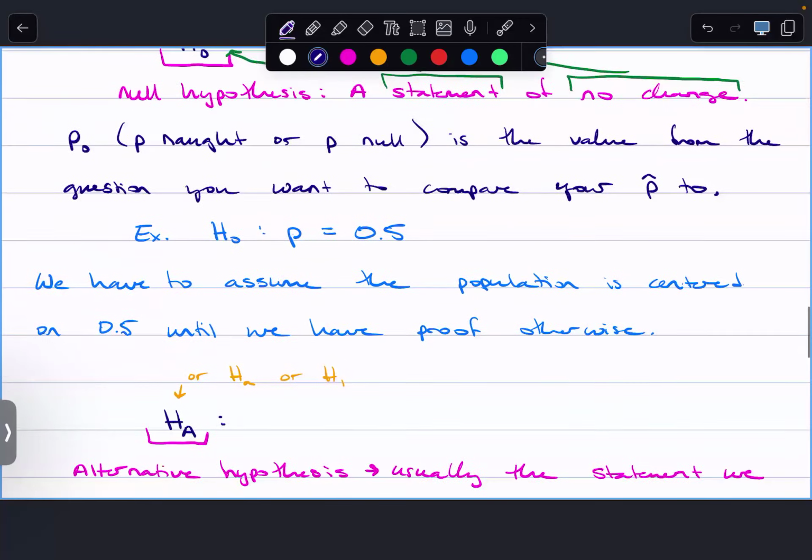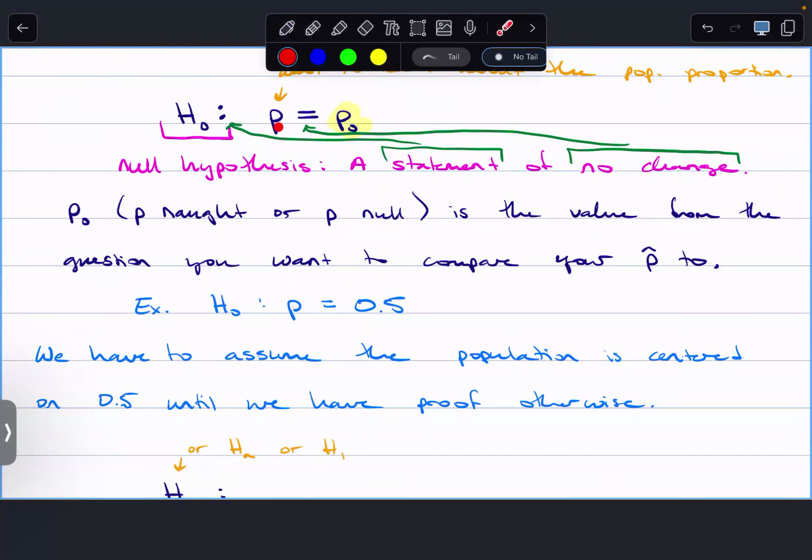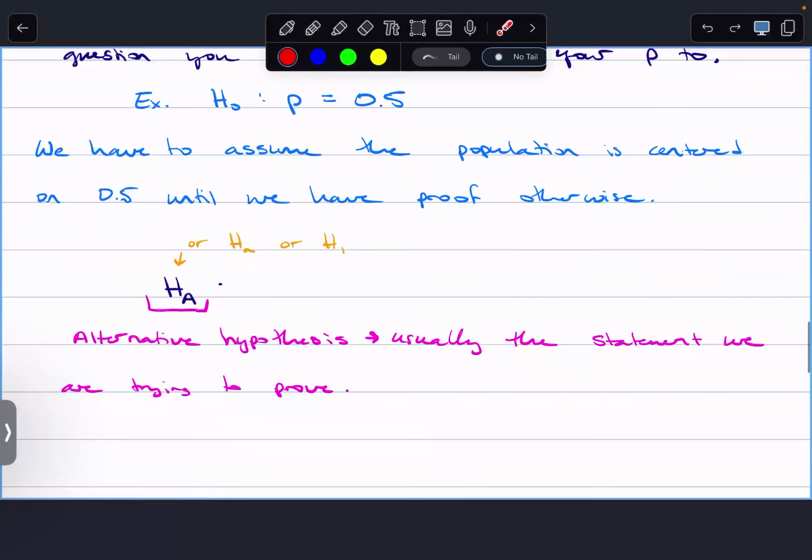Now, one key thing to remember is that it doesn't make sense to talk about anything but the population proportion still, right? And also how it relates to this hypothesized proportion. So these two things just drop down, and the only thing that changes is the inequality, or equality, I guess, in this case.